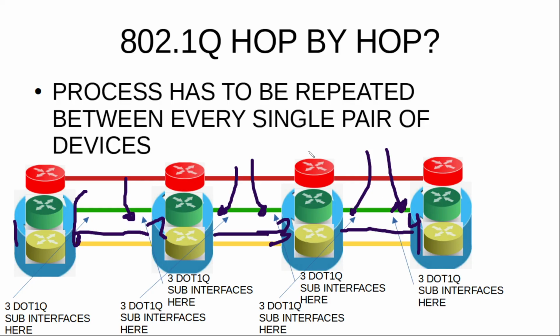So that involves a lot of work. This is known as hop by hop data path virtualization, because you have to go hop by hop and configure these virtual interfaces, as many virtual interfaces as VRFs you want to communicate.